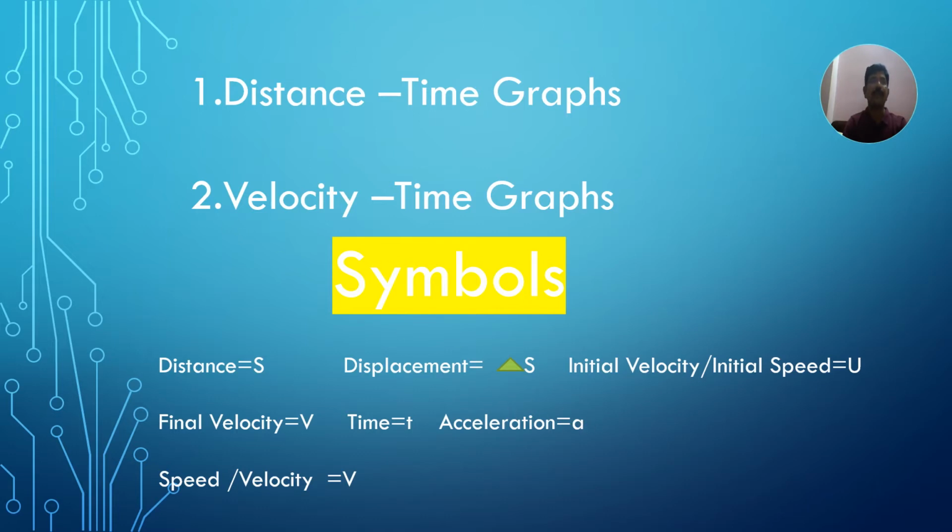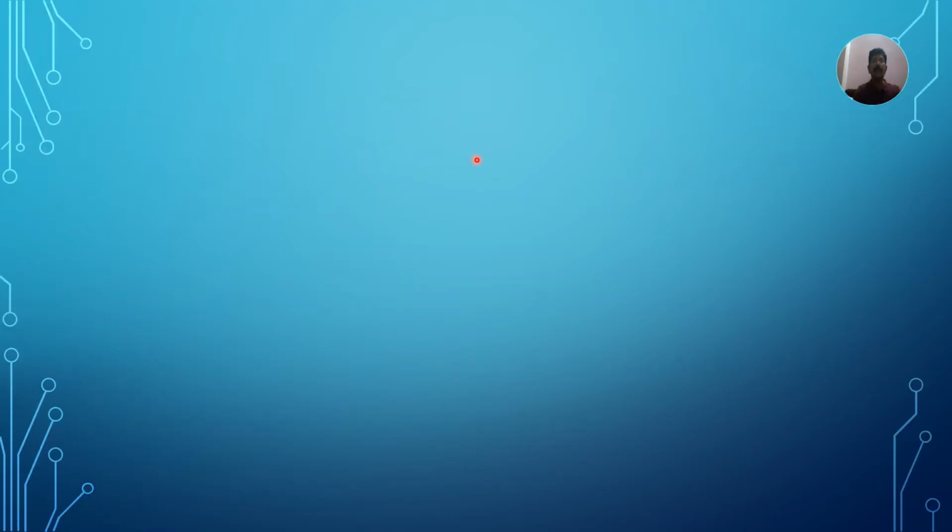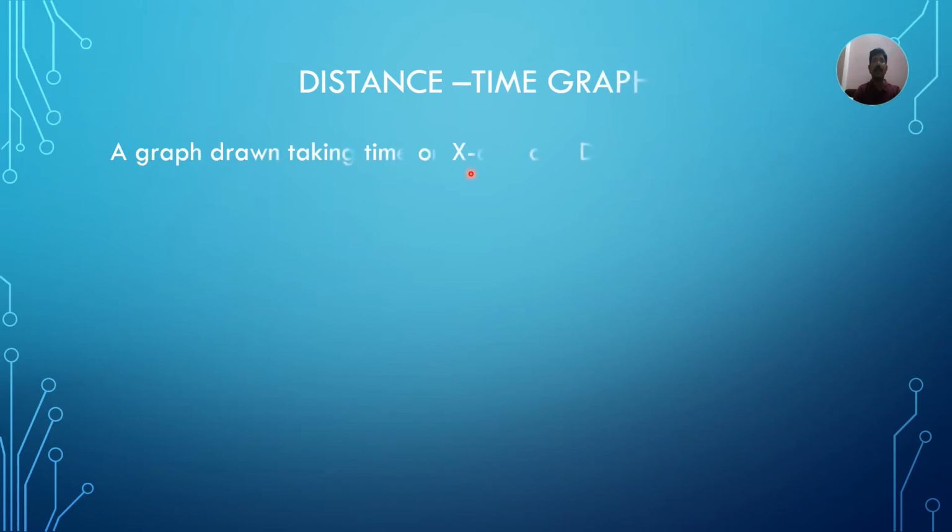Let us discuss what is the distance and time graph in detail. It is a graph drawn taking time on the x-axis and distance on the y-axis.